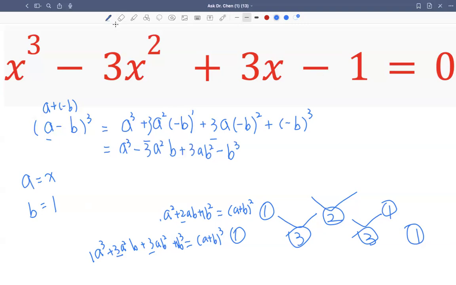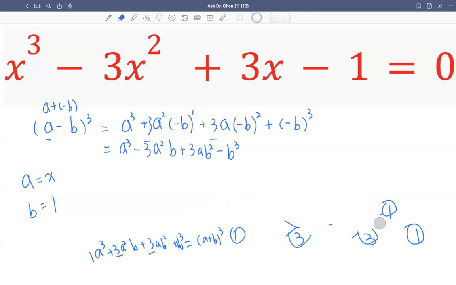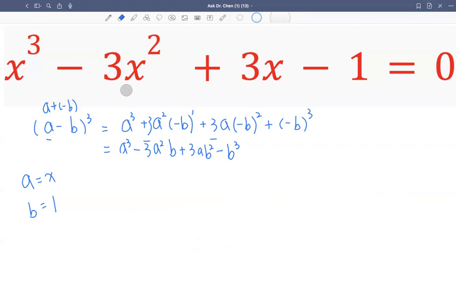So that means we can rewrite this equation as a perfect cube, which is (x minus 1) raised to 3 equals 0. Well, take the cube root of both sides.